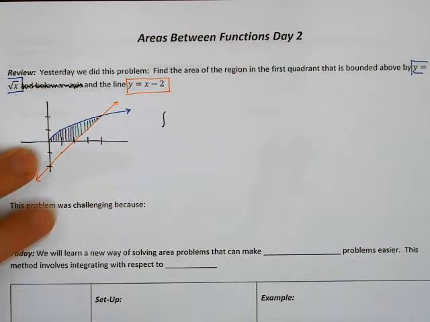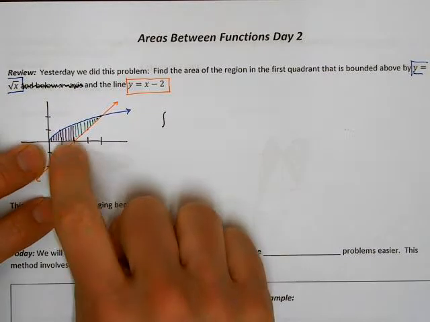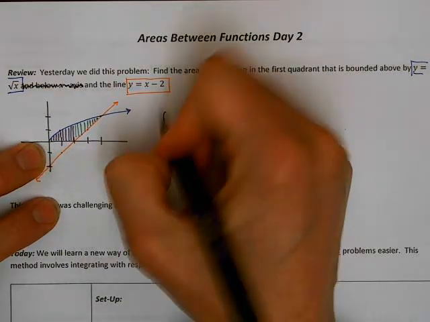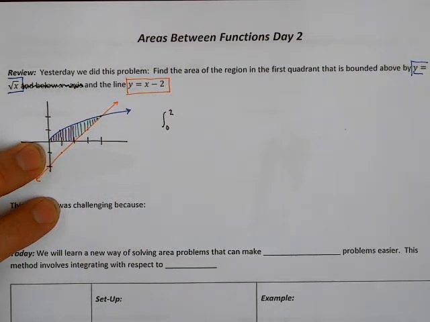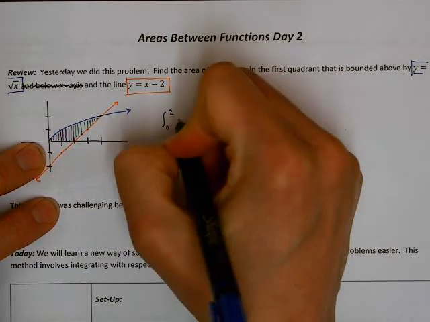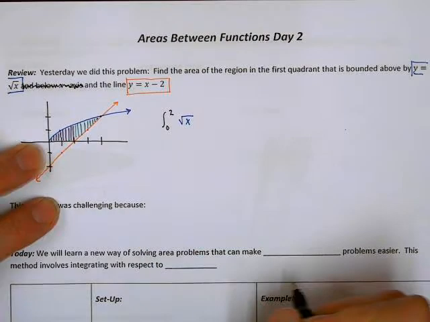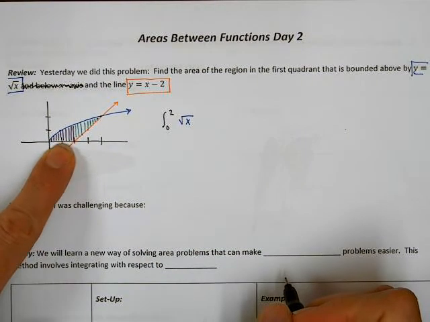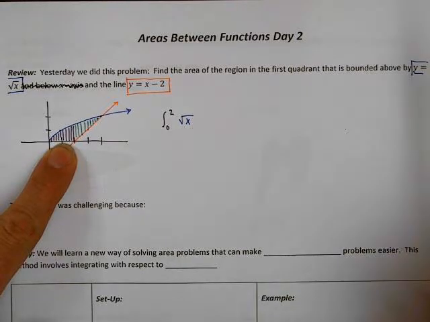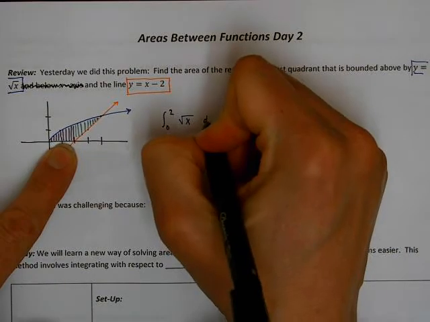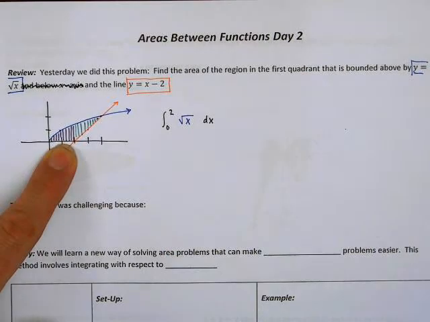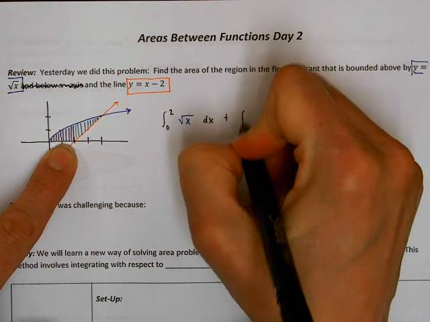So we needed the integral, first of all, for this purple region from 0 to 2. Our top was square root of x, and the bottom was really 0, y equals 0. So we had the integral of square root of x dx. And then we were adding the integral.